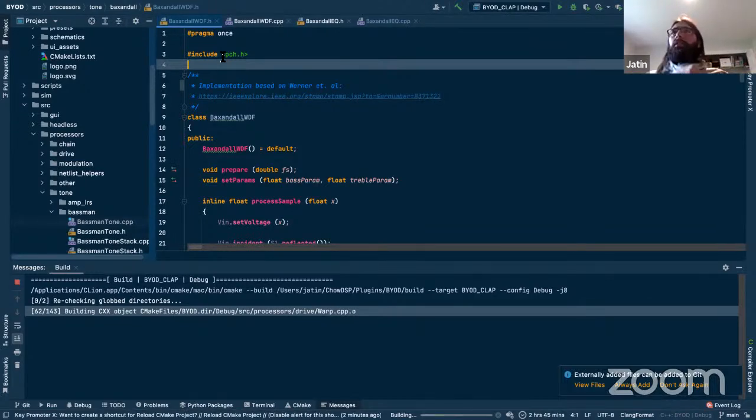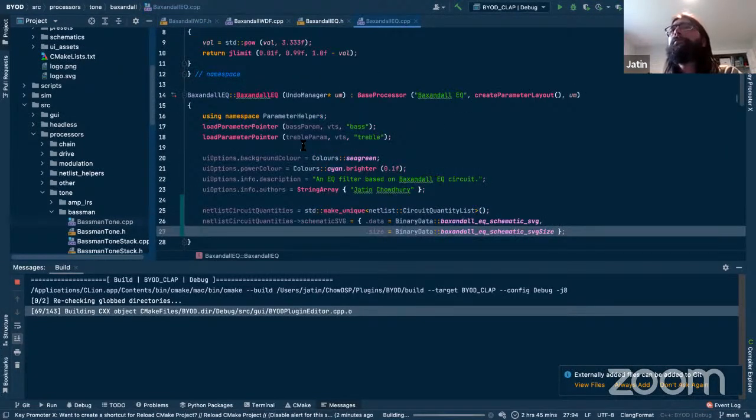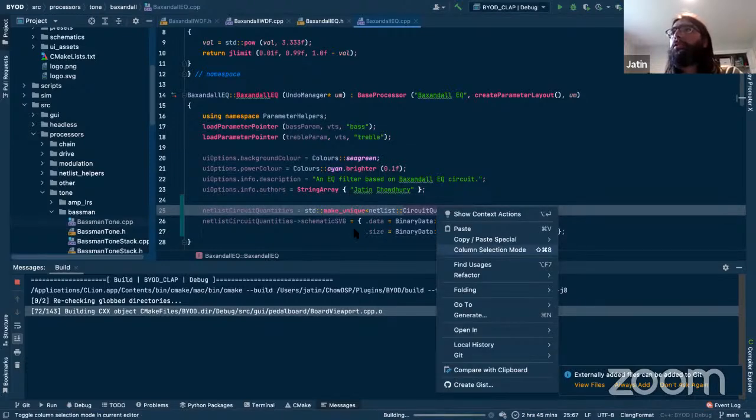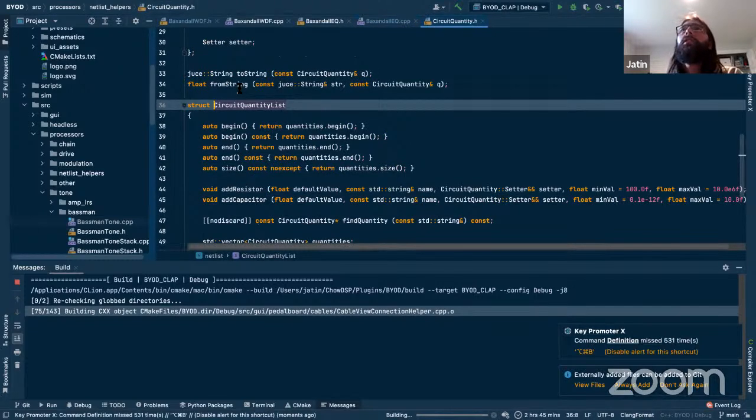But yeah, so from here, we should be able to view the circuit schematic and view basically an empty netlist that has no quantities in it, which makes sense because we haven't added any quantities. But yeah, while this is happening, maybe I'll show a little bit of what's going on behind the scenes here.